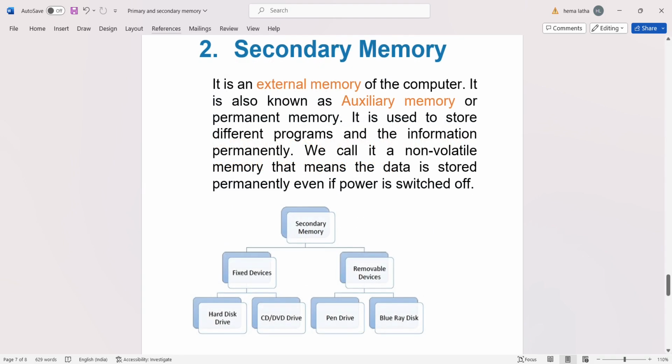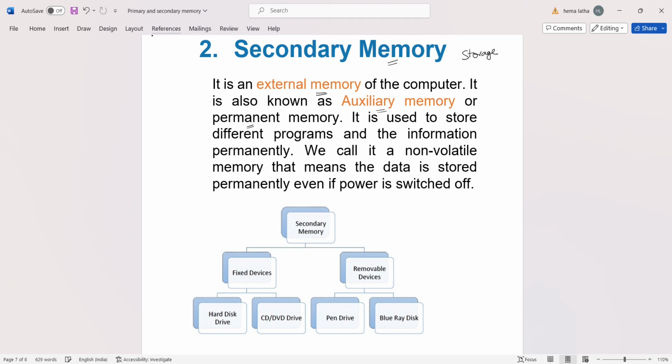Now we are going to discuss secondary memory. Actually, instead of calling it memory, generally they call it a secondary storage device. Externally, we use this device for storing information. That's why it is the external memory of the computer. It is a supporting device, called auxiliary memory, but it is permanent.